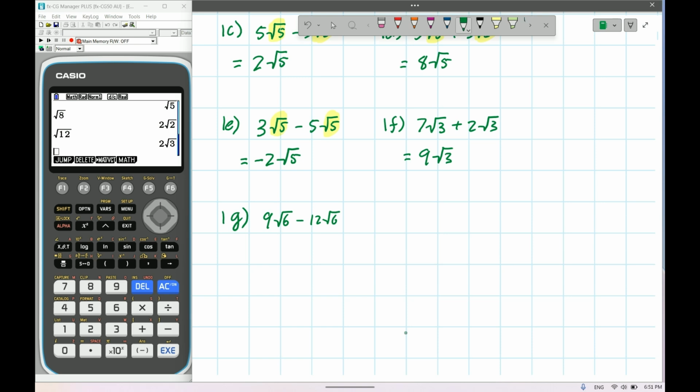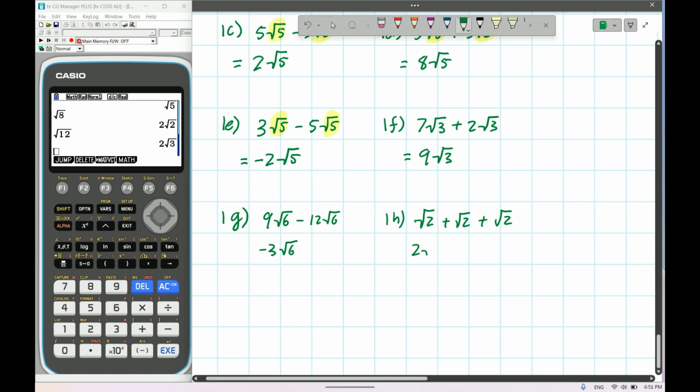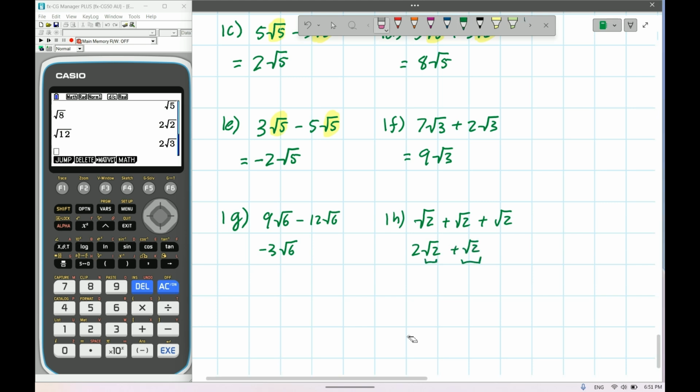The same kind of idea. 9 minus 12 is minus 3 root 6. 1g, 1h. Root 2 plus root 2. Because these two are like terms, that would make 2 root 2. And likewise, because these are like terms, they would add to make 3 root 2.